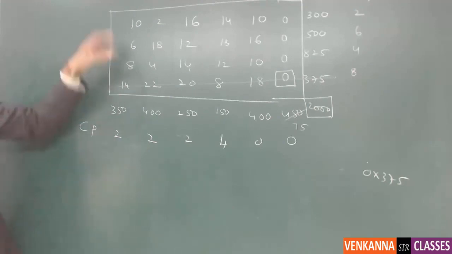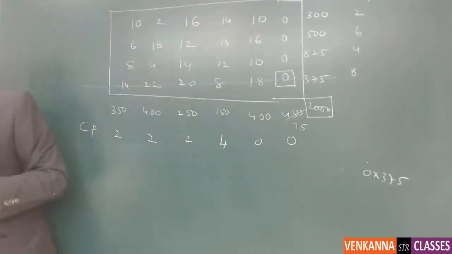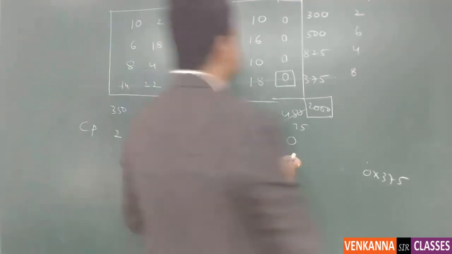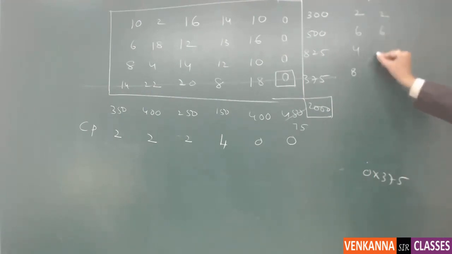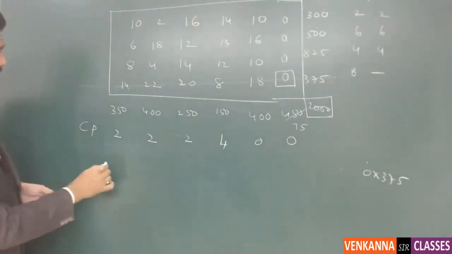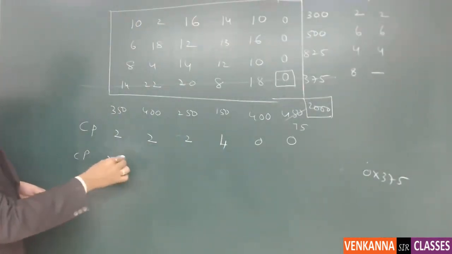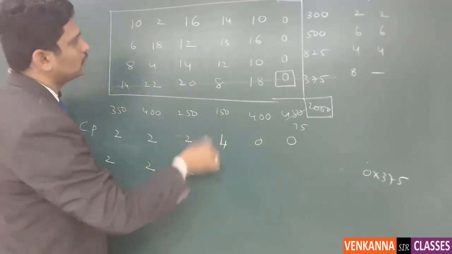Now you have only these 3 rows on the corresponding columns. Again, we are going to calculate the row penalties as well as column penalties. So again, you have the value 2 here, 6, 4. Again, if you calculate the penalties, 2, 2, 2.